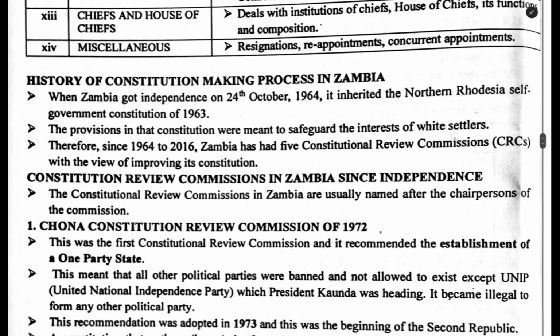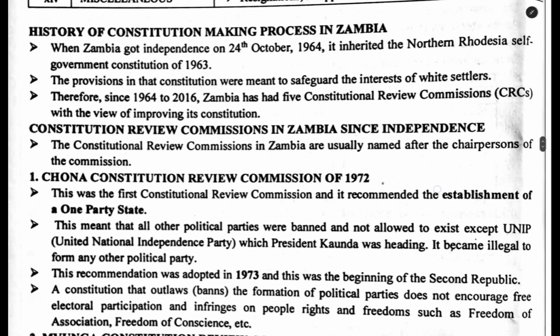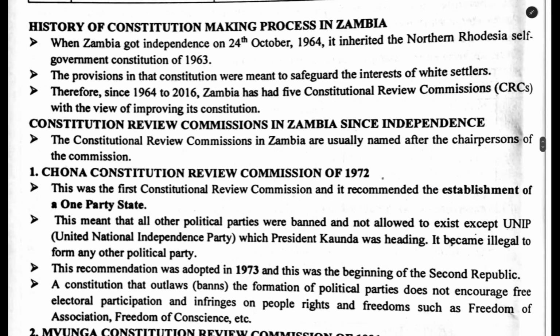But my main focus now, after looking at the forms of the constitution, is to look at the history of the constitution making process in Zambia. One thing that you should know is that from 1964, that is when Zambia got independence, Zambia has had 5 constitution review commissions. Before Zambia got independence, or at independence, Zambia inherited a certain kind of constitution.